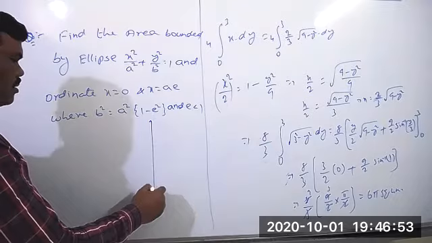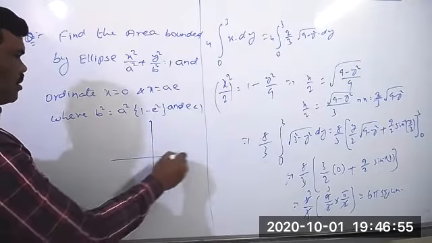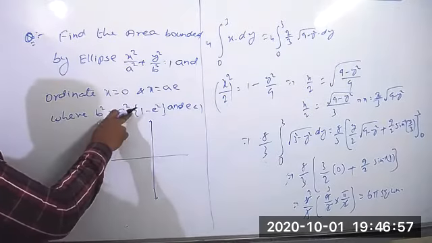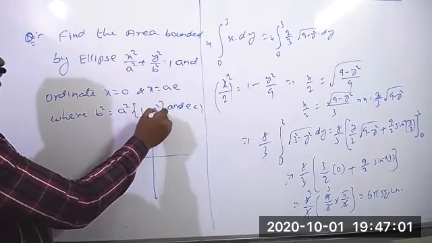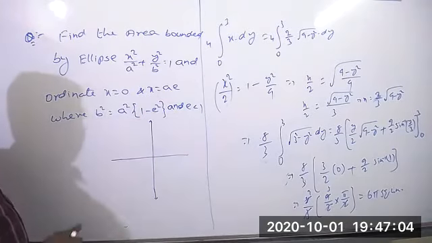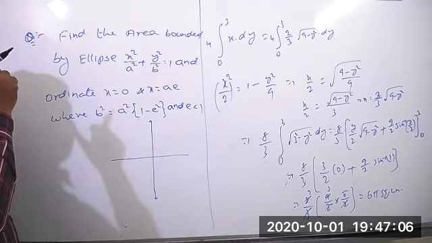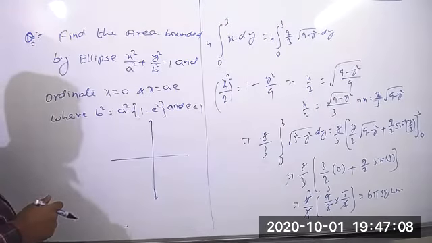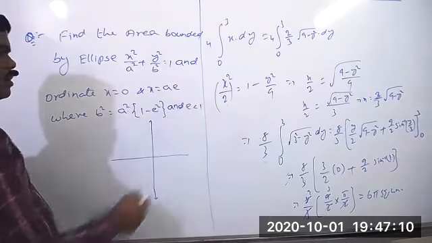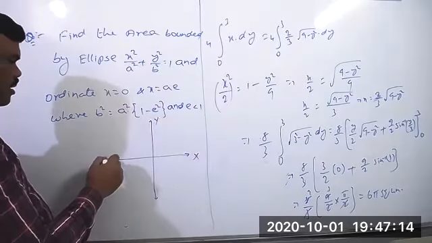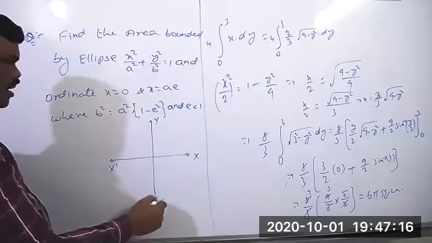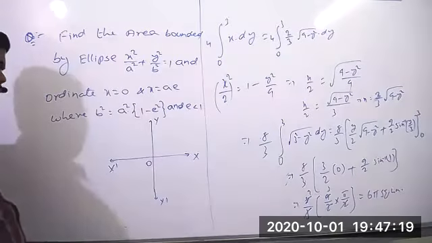So what is written after a square? A square into 1 minus e square, it is a product, and e less than 1. So x, y, x dash and y dash and 0.